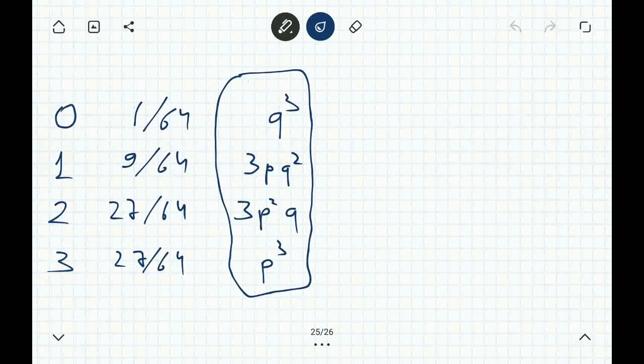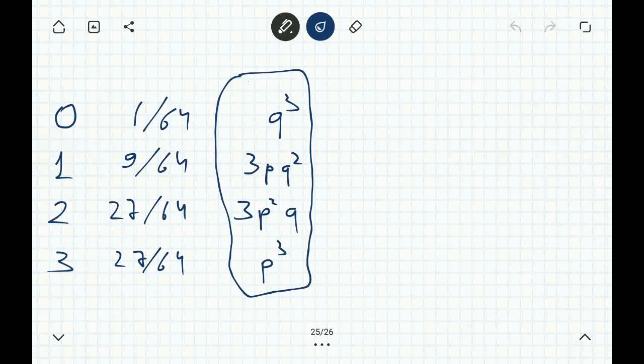So for a binary event experiment with 3 trials, you just take the terms of the binomial formula for n equals 3, with the third power. And I can suppose that for 4 trials it should be n equals 4, and for 17 trials it will be the same formula with n equals 17, and so on.